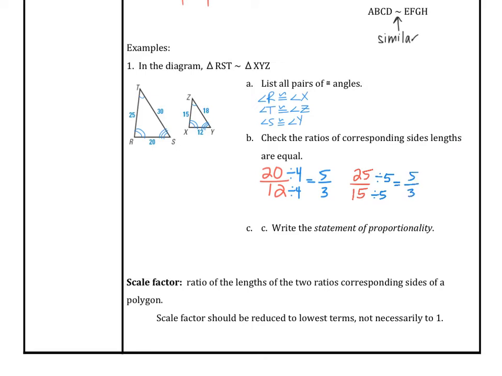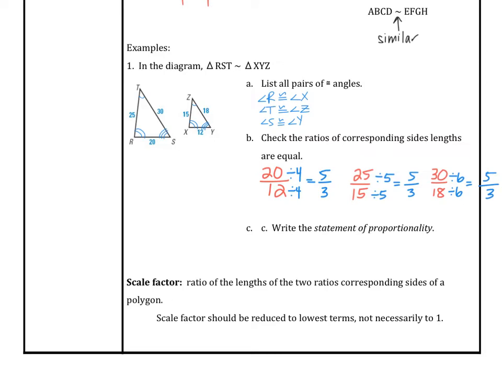And then the last one, TS and ZY. That's going to be 30 over 18. The highest number those divide by is 6. That simplifies then to, you guessed it, 5/3.